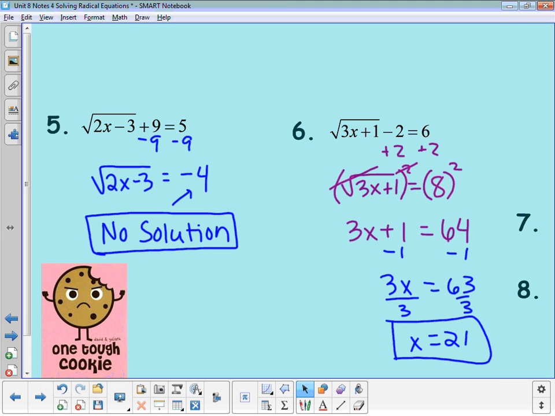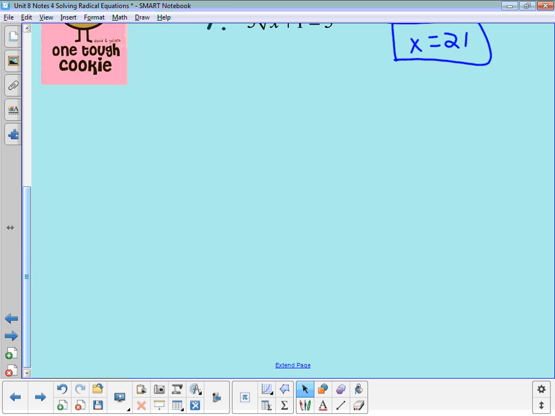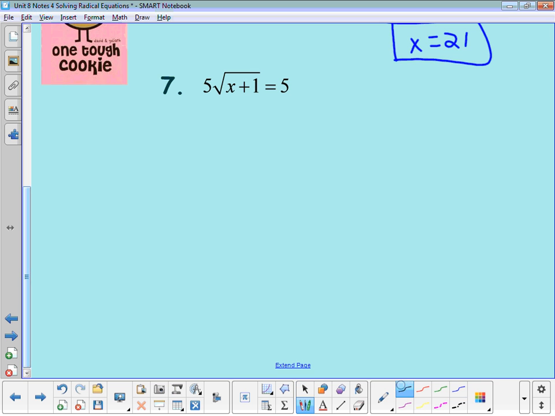Let's do one more together in number 7. In number 7, I have 5 times the square root of x plus 1 is equal to 5. So let's pull that out, and I'll move my page down a little bit. There we go. So 5 times the square root of x plus 1 is equal to 5. I'm going to start by dividing by 5 to get rid of that coefficient out front.